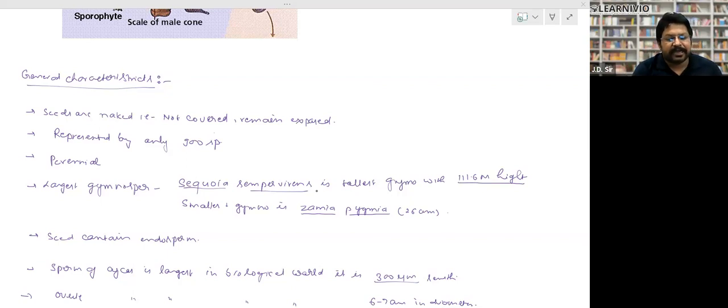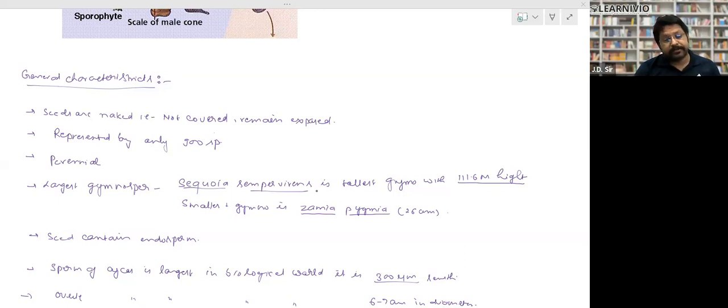Sequoia sempervirens is the tallest gymnosperm, with 111.6 meter height.